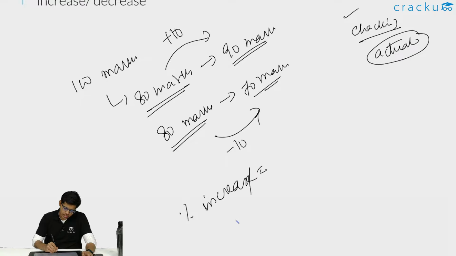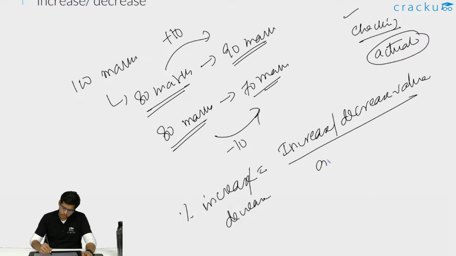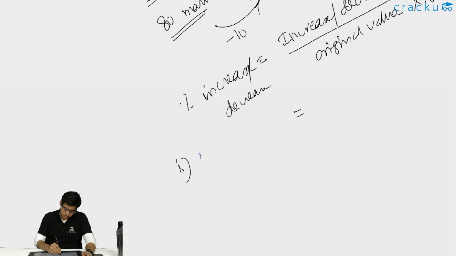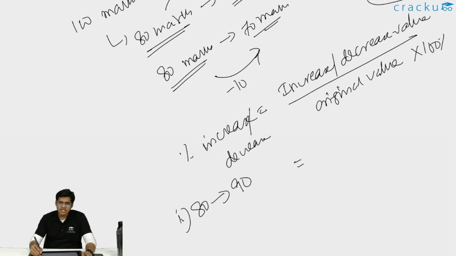Percentage increase or decrease means increase or decrease value upon original value into 100%. Now in the first case, where 80 to 90 happened, what is the increase in value?